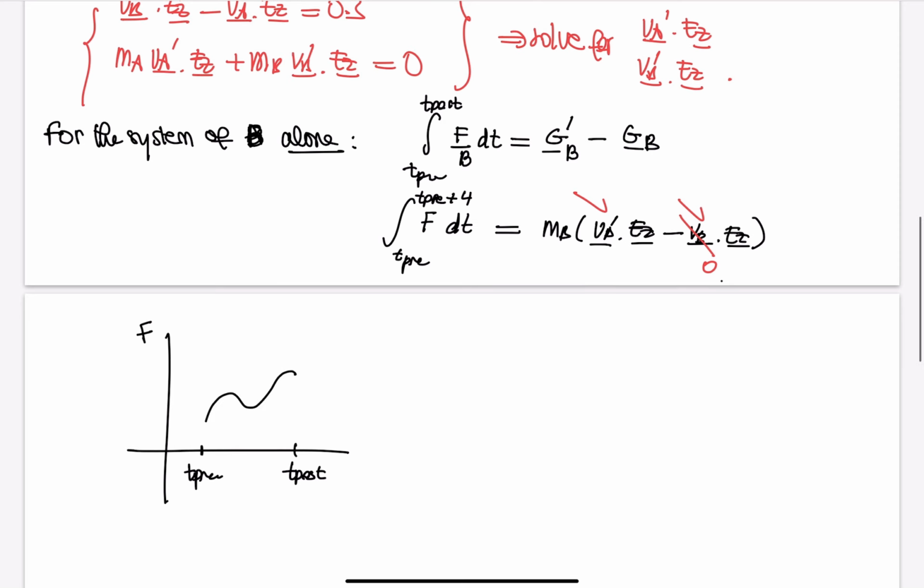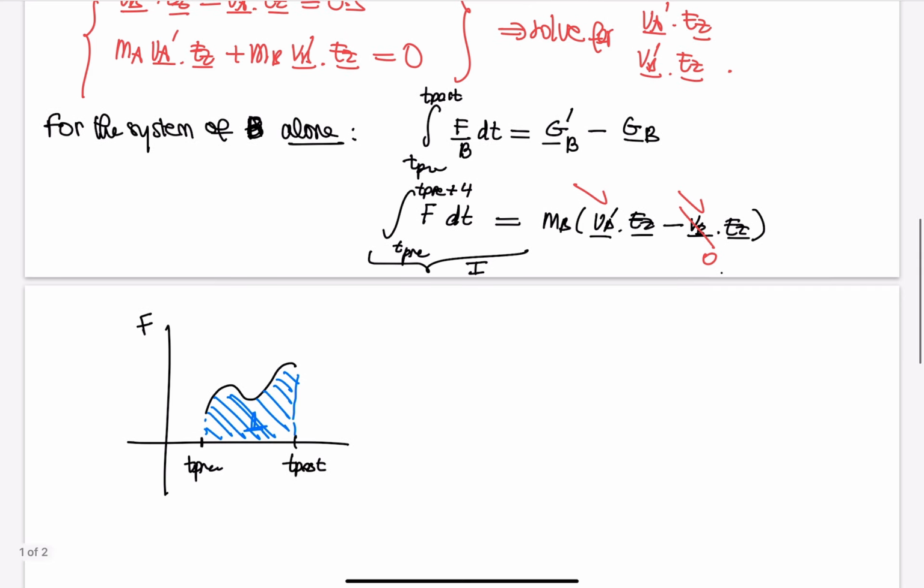F is varying in time. Now this integral, I'm going to call it I for the linear impulse of the force F. This integral I is just equal to the area between F and the curve. So this is my integral I.